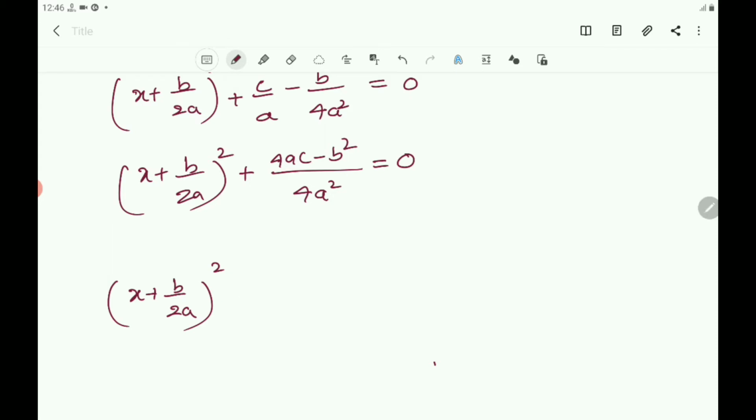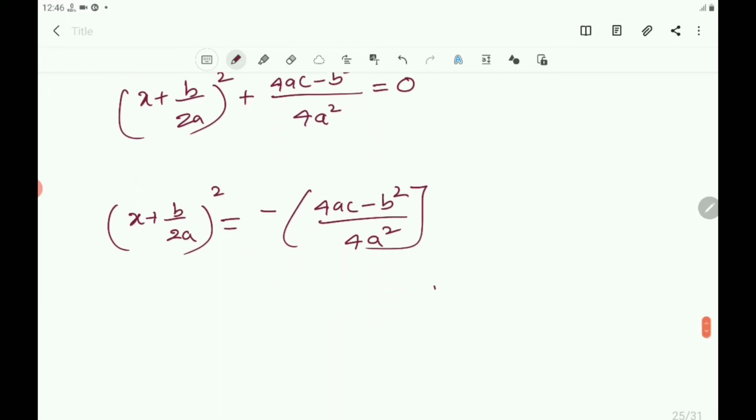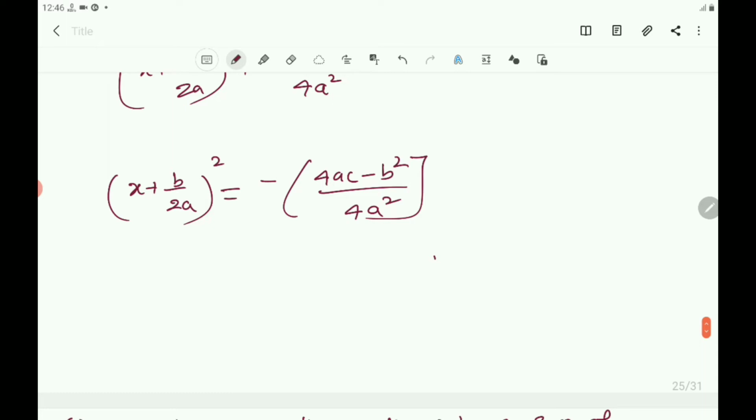Then you will get equals minus 4ac minus b square by 4a square.